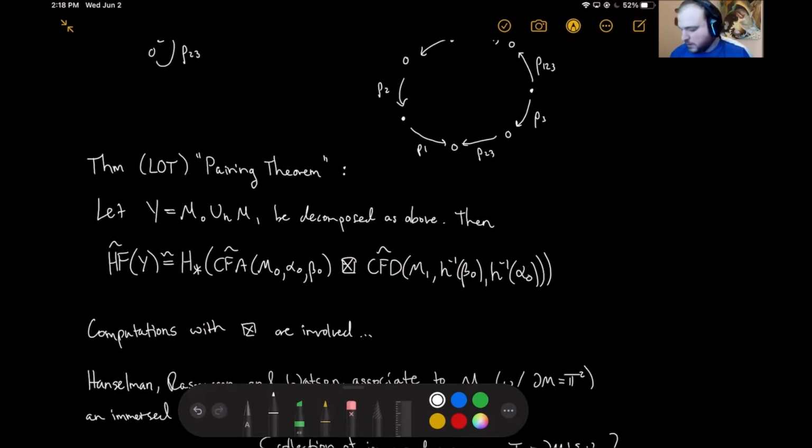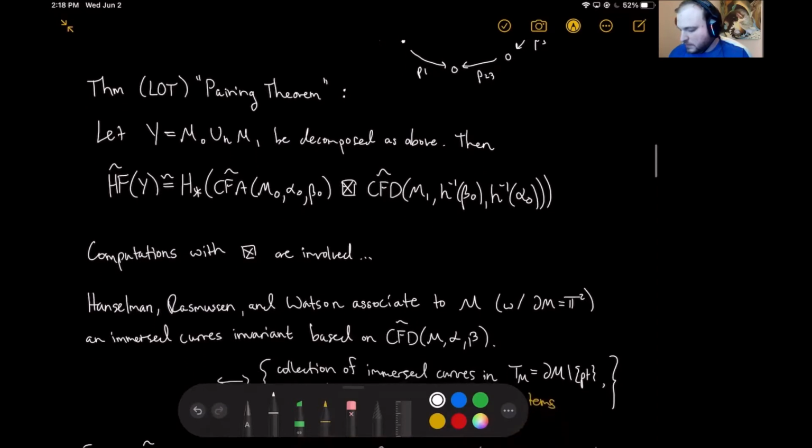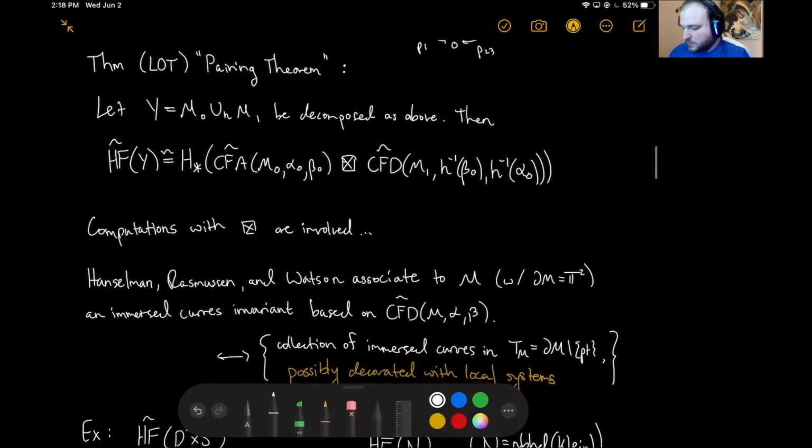That's a mouthful, but it ends up also being quite involved. Thankfully, though, Hanselman, Rasmussen, and Watson associate to a manifold with torus boundary an immersed curves invariant.